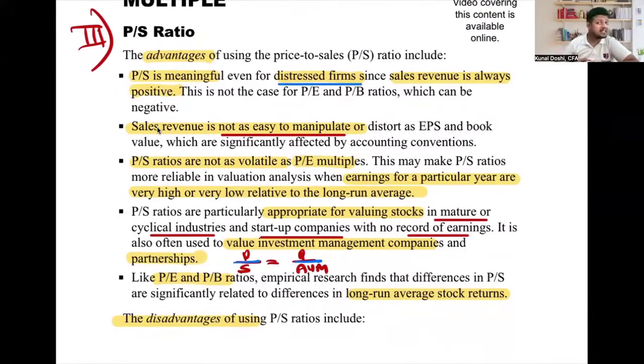When other things are not positive, the P/E and price to book value ratios are not sensible, so the price to sales ratio is more sensible in these cases. It is also relatively less volatile, and more appropriate for stocks in mature as well as cyclical industries and even for startups who have negative earnings. So this ratio is more suitable for a broad type of companies.